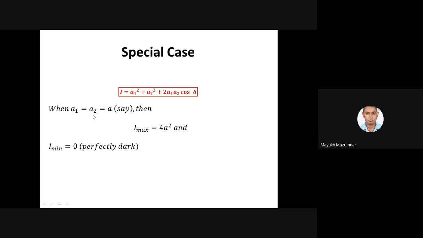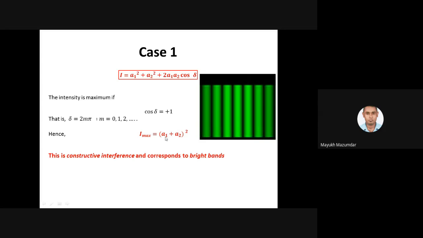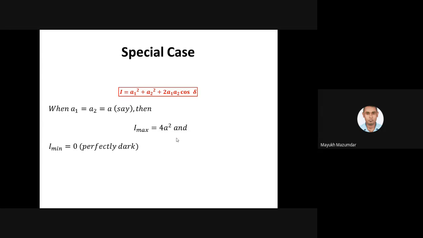Then if you put this condition in Imax, what you will get? A plus A whole square, that is 4A square. And here, if you put a1 and a2 as a, this would be 0, isn't it? I minimum would be 0. Clear? Yes, sir.